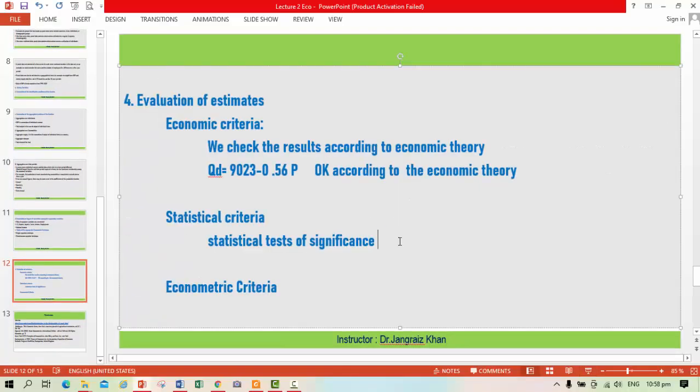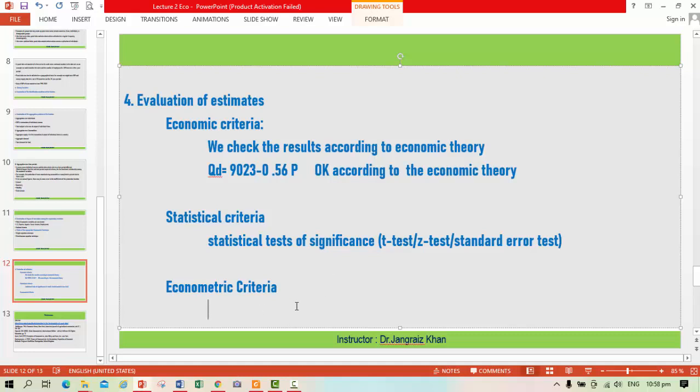We know that we have different tests like the T test, the Z test, and the standard error test. We check the significance of the parameters with the help of these tests, and if they are statistically significant, then they are approved according to the statistical criteria.